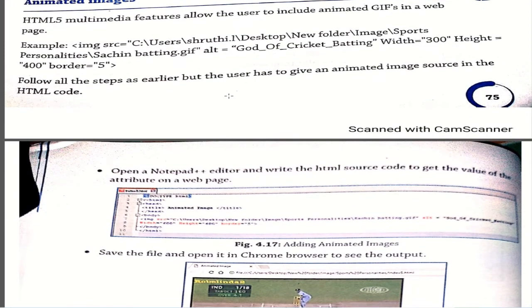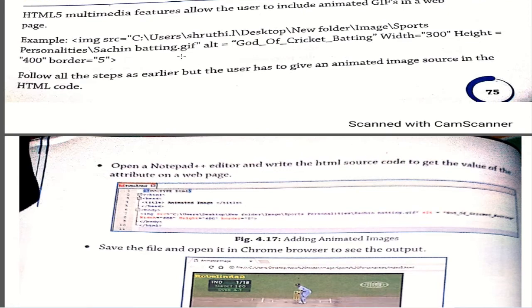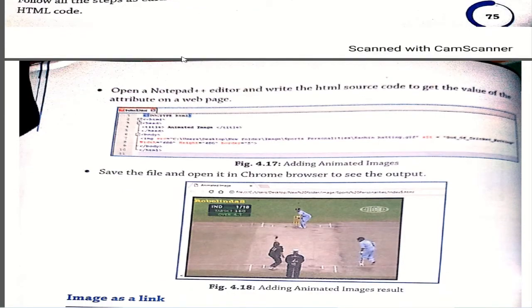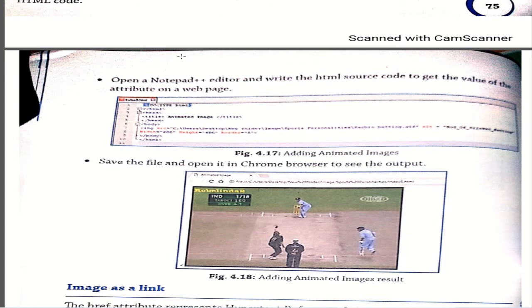Next is your animated images. For that you have to insert the animated image here, and the animated extension is .gif, right? So you should have some animated file in your system, then only you can add it. The same process applies. First you need to write the location where the file is stored. Easily you can find that: for any GIF you have, right click it, and you will find the property section.